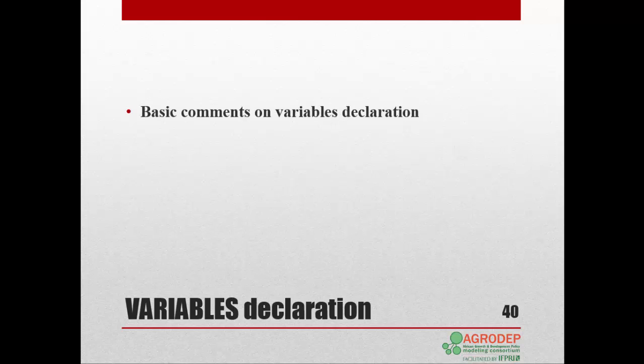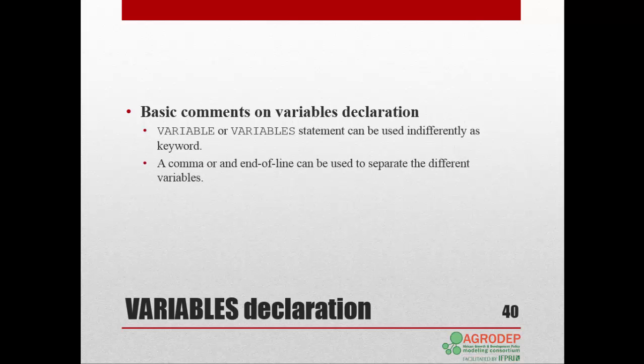To summarize some main points on variables declaration, GAMS does not differentiate between the plural or singular of keywords, so variables or variable can be used indifferently as keywords. And GAMS does not differentiate between capital and lowercase characters. You can use a comma or end of line to separate the various variables. Although optional, it is strongly recommended to add text for documenting purposes.